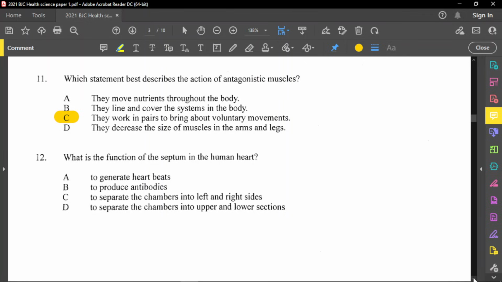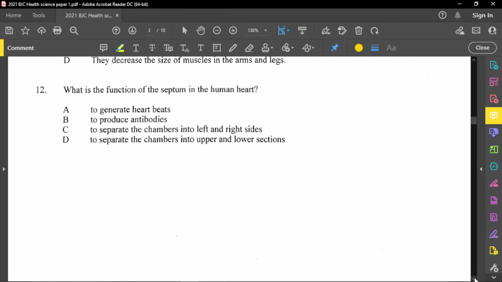All right, for question number 12, what is the function of the septum in the heart? The septum is separating the right side from the left side. In other words, it separates oxygenated blood from the deoxygenated blood. If you look through the answers, it generates heartbeats, which is not true, to produce antibodies, no, not true. But they separate the chambers of the heart into left and right.